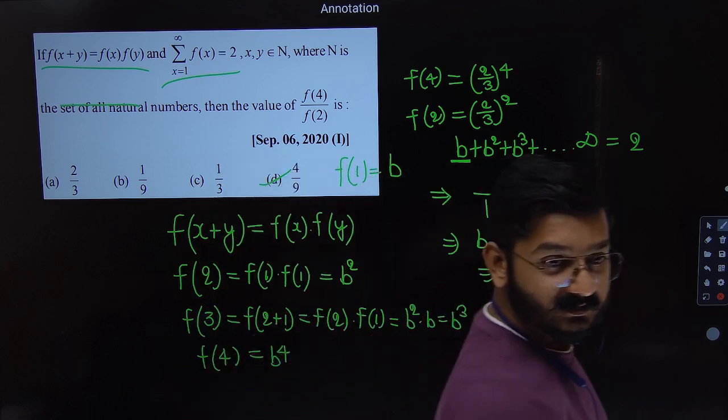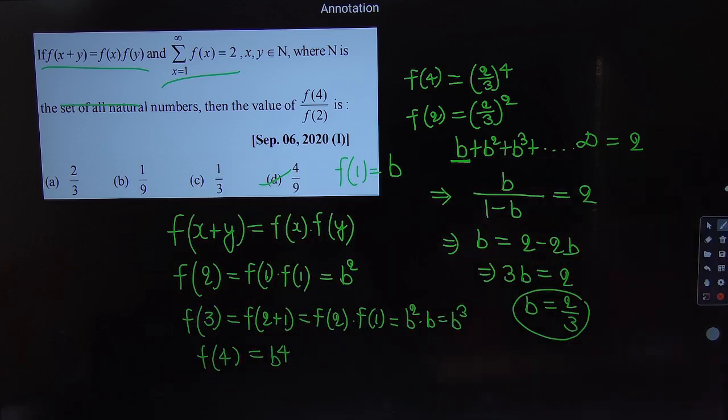Difficult? Approach. That's why I wrote A by 1 minus R. What is the condition?